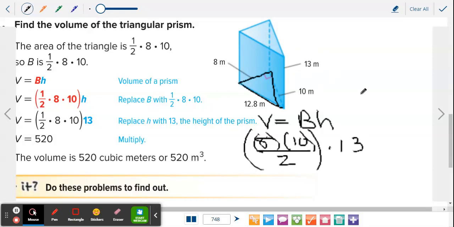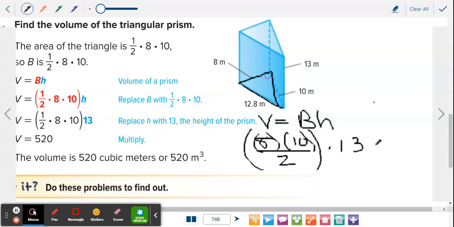So you're going to need calculators. If you want to get one, grab one now. So what you do first is we're going to find the area of the base. So do 8 times 10 and then divide that by 2. So then now you take, so that's the area of the base, area of the triangle. And now you take the area of the triangle times the height of the entire thing.